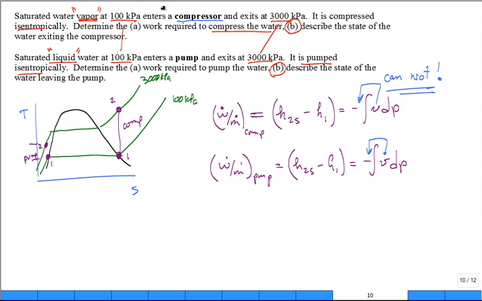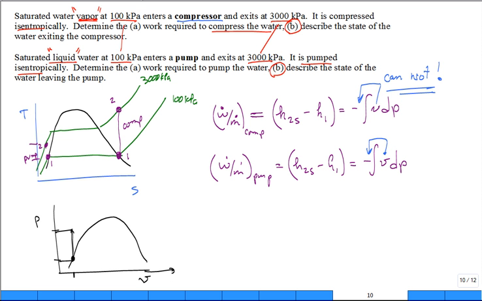Okay, if I plotted a pressure-volume diagram, and I said, here's my dome, and right here I'm going to boost the pressure from this pressure up to 3,000 kPa. It would look like this through the pump. v stayed the same, and it's just that.